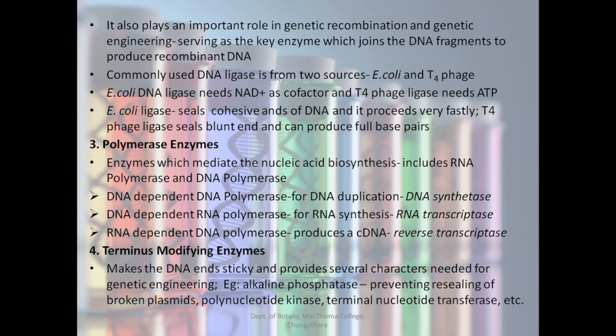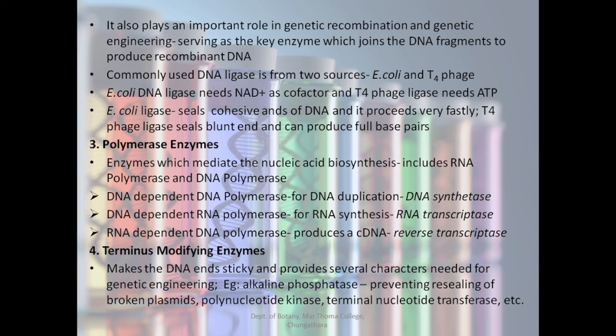The last group of enzymes are terminus modifying enzymes. These enzymes help the DNA to become sticky, and they also modify the ends of DNA. One example is alkaline phosphatase. A function carried out by this enzyme is this: when a staggered end cut is made, there are sticky ends, as we discussed.